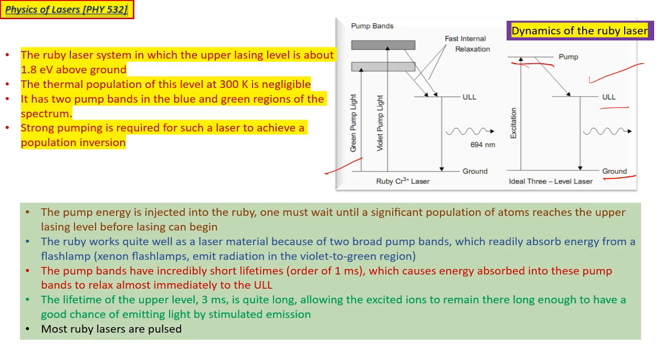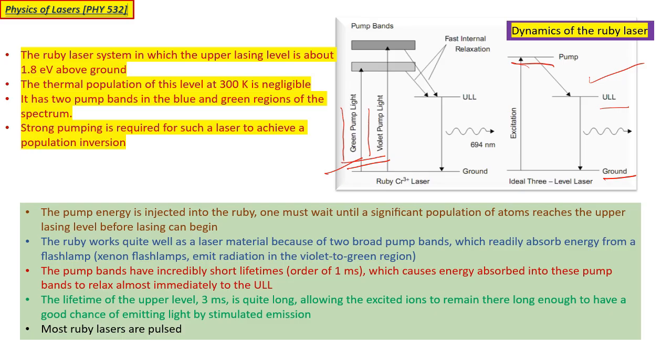So if you compare this one with the ruby, the absorption band is pretty wide, and it can be pumped with green light, it can be pumped with violet, so that is why the flash lamp is preferred.